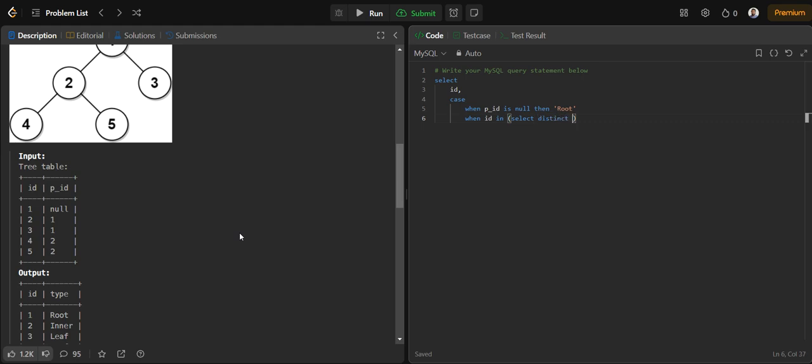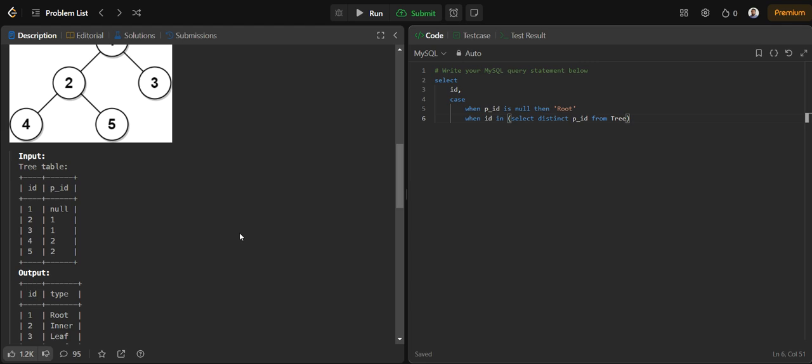I am going to write DISTINCT because I do not want repeated values. So if ID IN SELECT DISTINCT PID FROM tree.